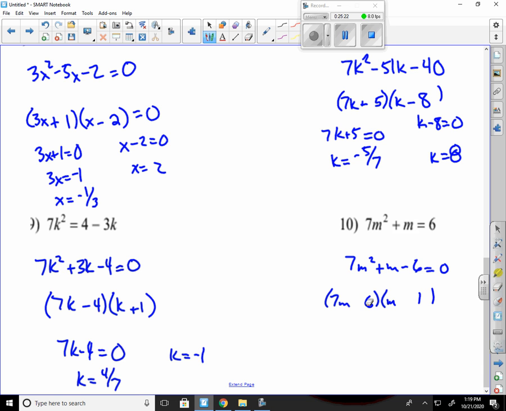If I do 1 and 6, you'll notice that this is a plus 1 and a minus 6. 7 times 1 is 7. Minus 6 is 1. And I'm done. This gives me m equals 6/7 and m equals negative 1.